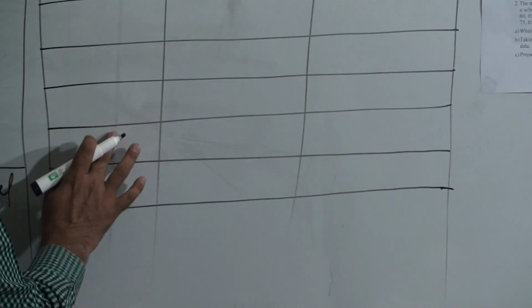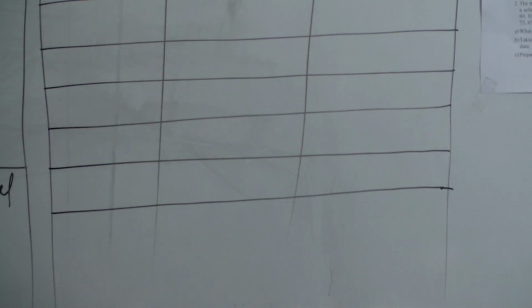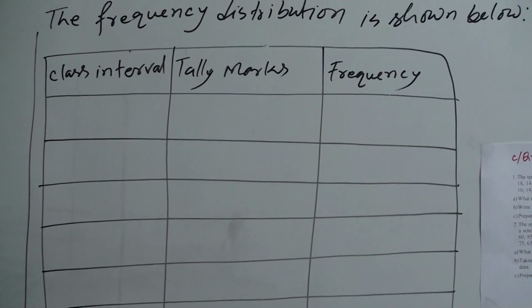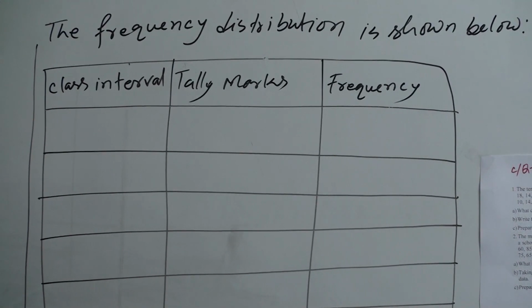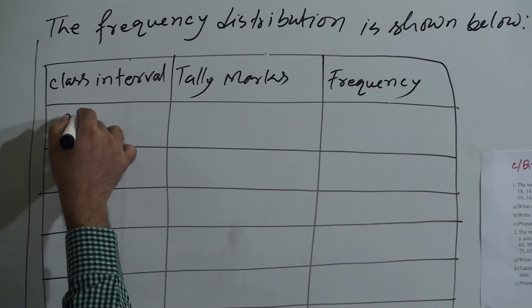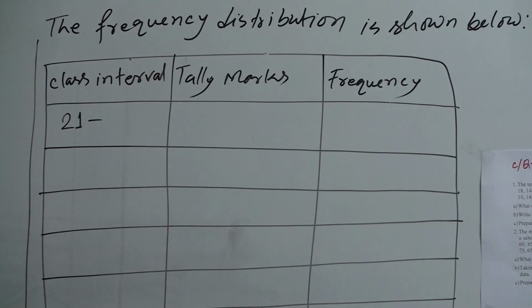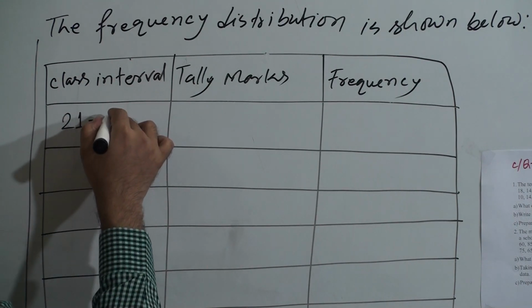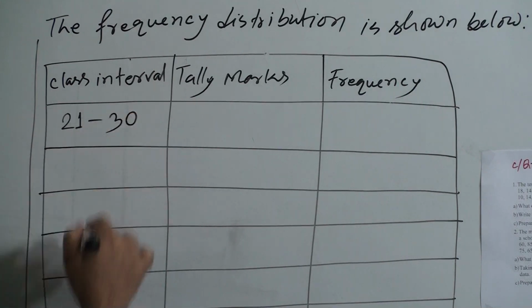So we can now start the class interval. Dear students, as our lowest number is 22, we can start from 22 or 21. If we start from 21 and our class interval is 10, the highest number in the first class will be 30.